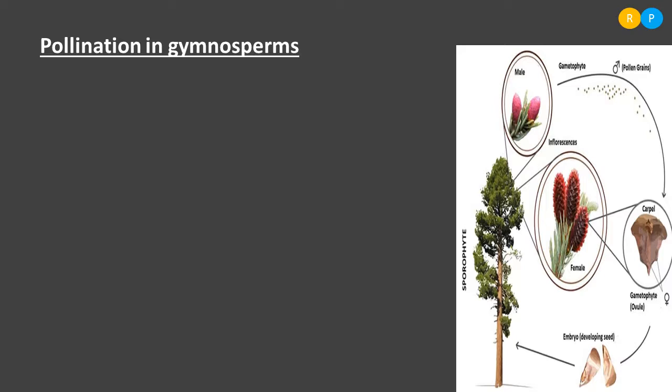Otherwise, the further developmental processes do not complete. In order to form a seed, initially the male gamete should reach the female gamete, because the male cone is separate and the female cone is separate here. So some agents are essential to carry the pollen grain towards the female cone. This process is known as pollination.